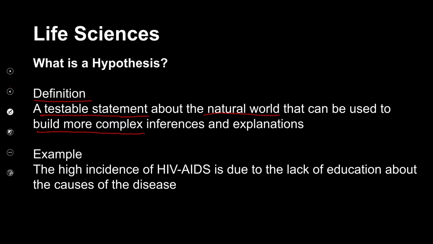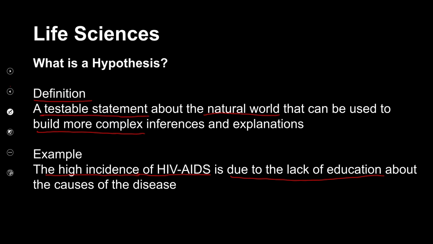Let's have a look at an example here. We might say the high incidence, so in other words, a lot of people infected with HIV, the high incidence of HIV and AIDS in the world may be due to a lack of education.